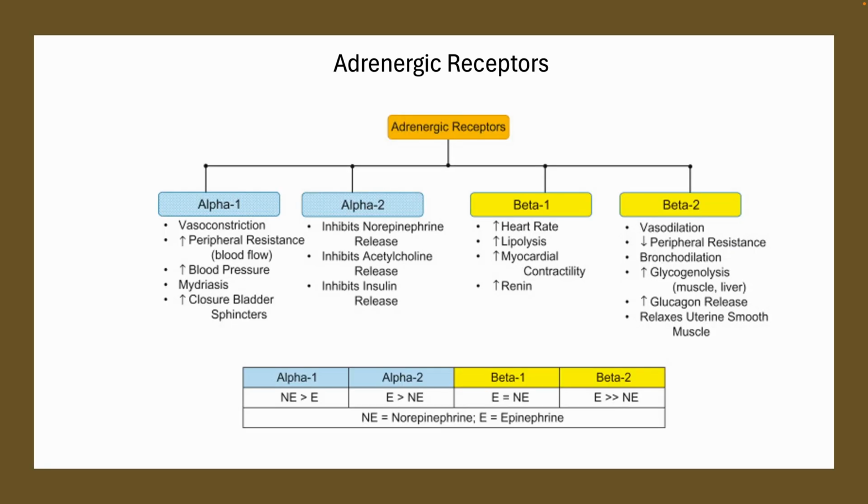Now, what are the subtypes of adrenergic receptors or adrenoreceptors? There are 4 subtypes of adrenoreceptors. First, we have the alpha-1, which are Gq coupled receptors and are found in arteriolar smooth muscle and in the urethral sphincter.